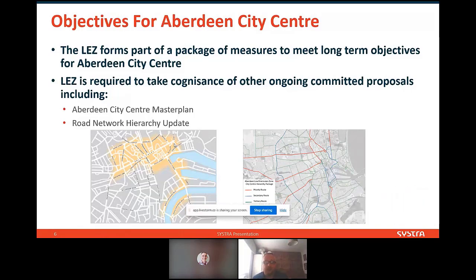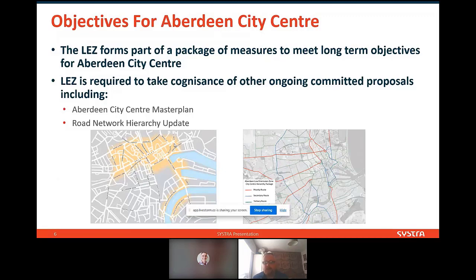The other element that we had to take account of when looking at a low emission zone was a new road network hierarchy for Aberdeen, which was developed following the opening of the Aberdeen bypass, the AWPR, which opened in early 2019. So obviously that becomes the trunk road. There's detrunking of roads within Aberdeen, and it was an opportunity to really reclassify all the roads through Aberdeen and effectively declassify or detrunk the roads that go right through the heart of Aberdeen.